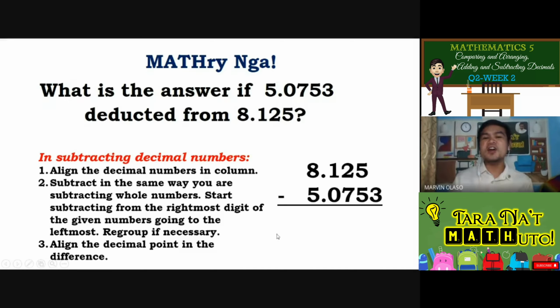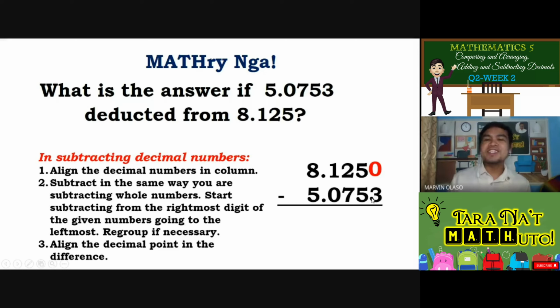So are you ready now to subtract? Just follow. Subtract in the same way you are subtracting whole numbers. So what did you notice here in the 10,000 place? There is no number. So it means the number is 0 as place value holder. Now, the question, can we subtract or deduct 3 from 0?